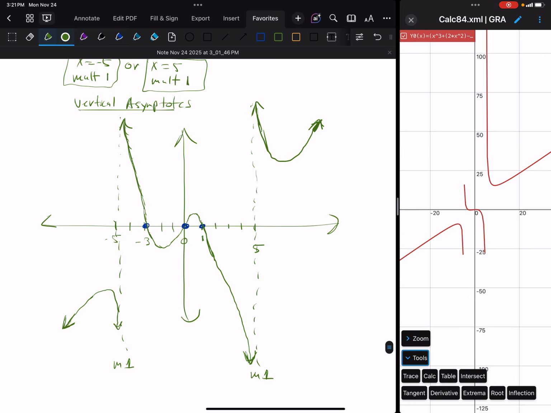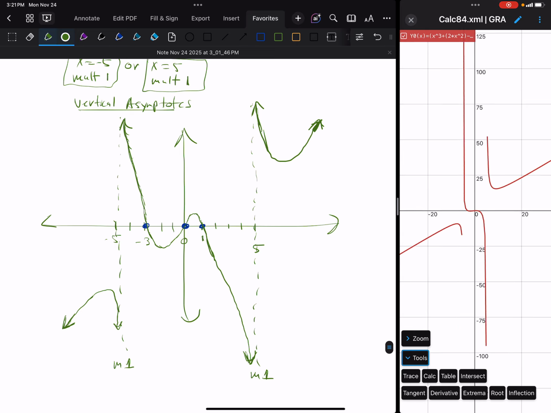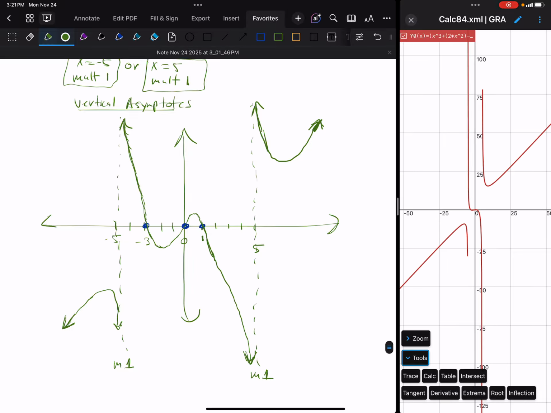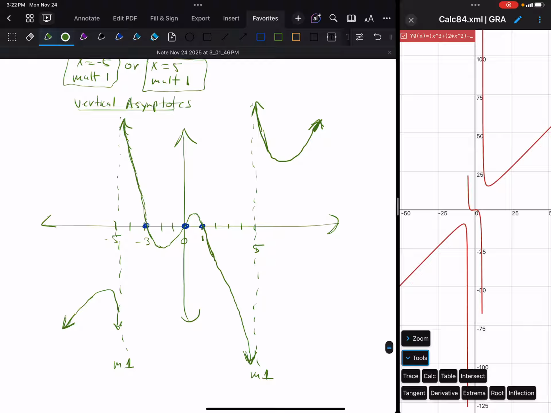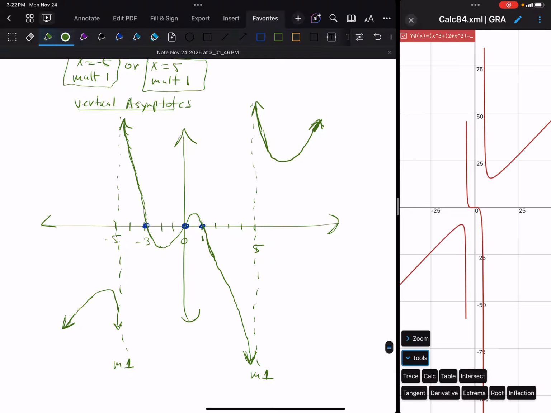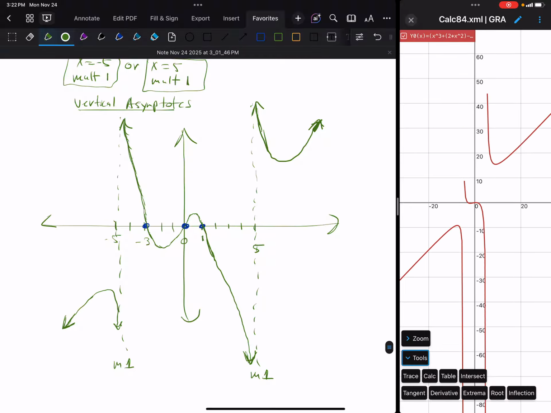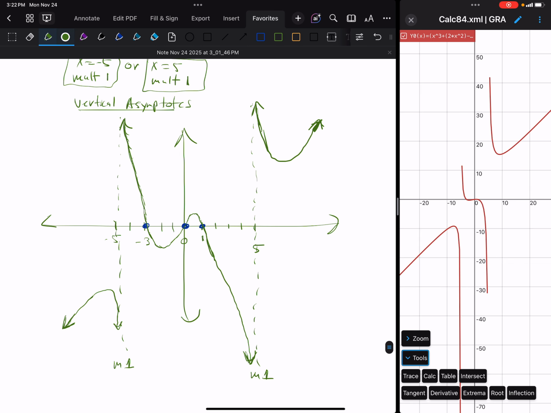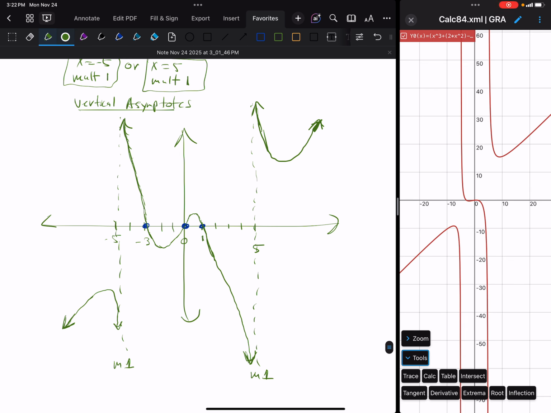Even talking about that, if I get my boxes here to where they're about the same size, I even said that we were going to have an oblique asymptote with a slope that looked about 1, right? And that oblique asymptote does look like it has a slope of about 1 if you take a look at the scale now. And so we're not as interested in that, but it is there.